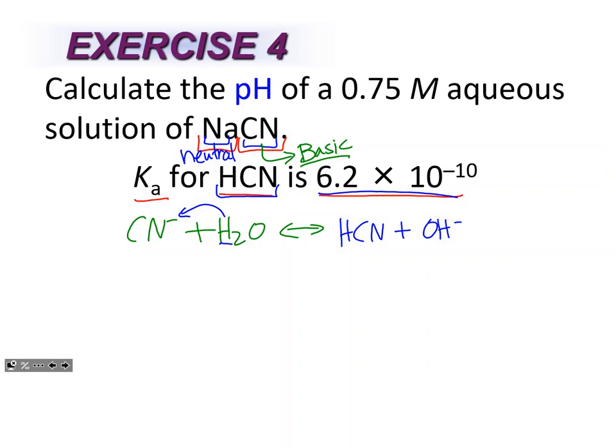Now, because this is a basic solution, we know it's going to cause a reaction here. We're going to need to know something about our base. They did not give us the equilibrium constant for our base here, or the ionization base constant. Instead, they gave us the Ka. So, what can we do to find our Kb here?